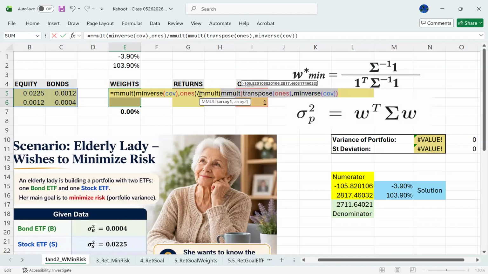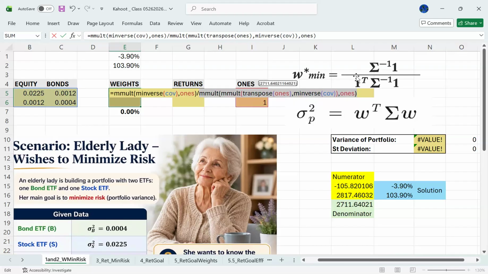And well, this is the denominator. Right now, we're only focusing on two elements, one transpose and inverse of covariance. We're going to multiply those two. The output of the inner MMULT, then comma, we're going to multiply by ones. We close now the second MMULT.